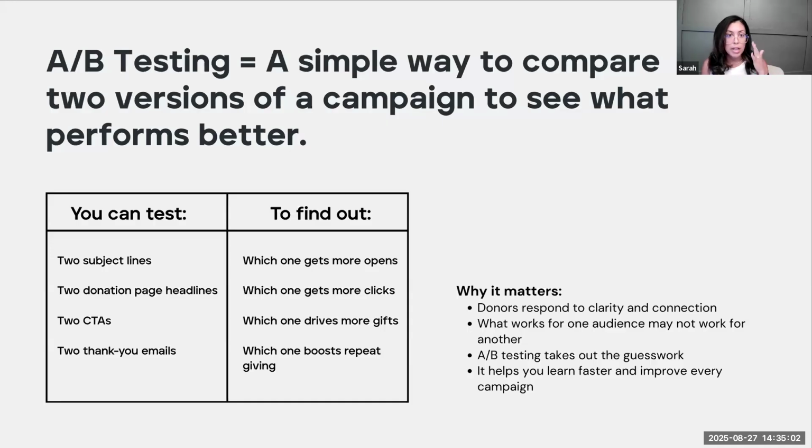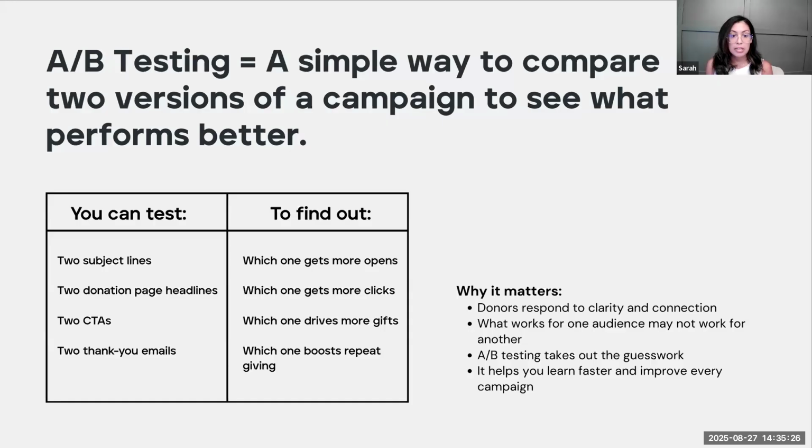Additionally, when it comes to a donation page, you might have two different headlines. One is support our mission, and another might be help fund mental health support for teens in crisis. One will drive more conversions, and you might not know which one until after you launch. But once you have that data, it will really help you write your next campaign.